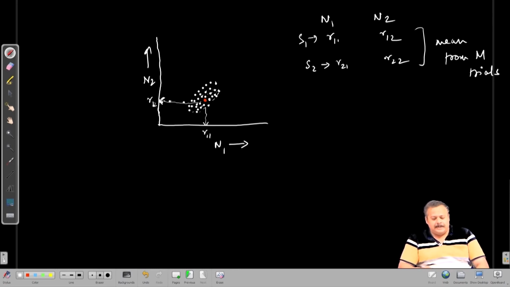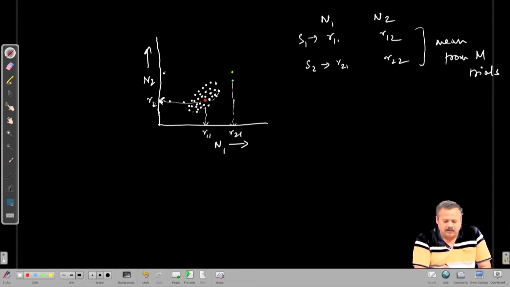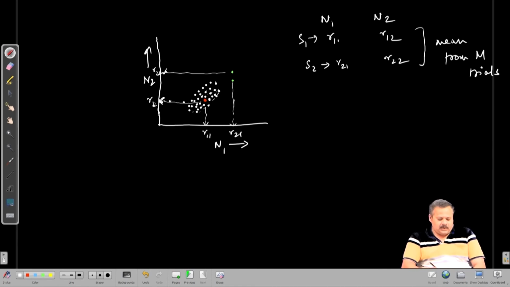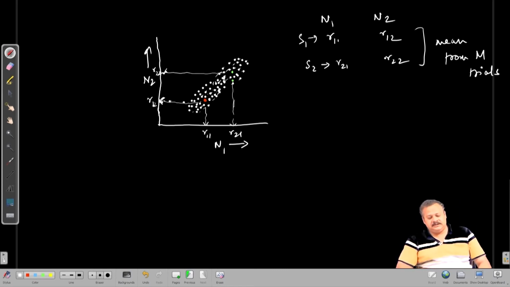And now, let us say stimulus 2's mean is represented by R21 here and R22 here, and we again have a distribution of points along this direction, and let us say the noise correlations are positive in both cases.